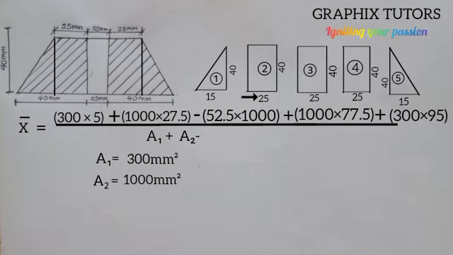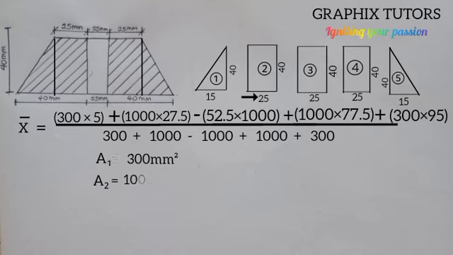So we have all divided by a1, which is 300, plus a2, which is 1000, minus a3, which is 1000, plus a4, which is 1000, plus a5, which is 300. At the end of the day, we'll be having this.